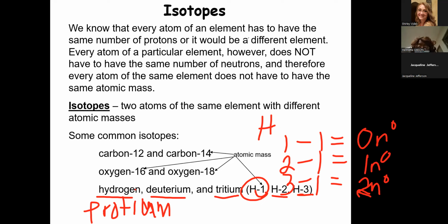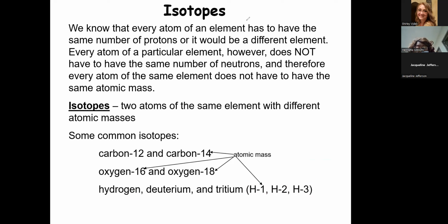So you have protium, deuterium, and tritium. Those are the 3 isotopes of hydrogen. Protium has 0 neutrons, deuterium has 1 neutron, and tritium has 2 neutrons, excuse me. And the atomic mass is 3. That's how you figure that out.